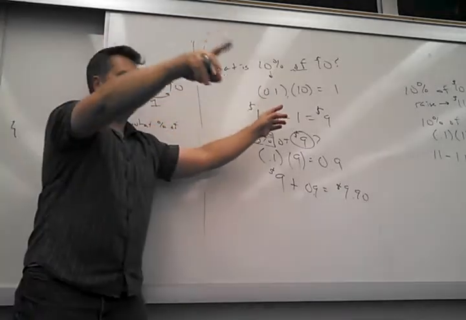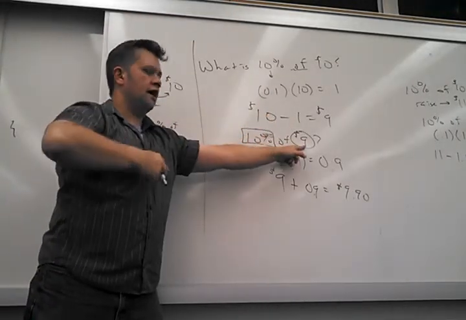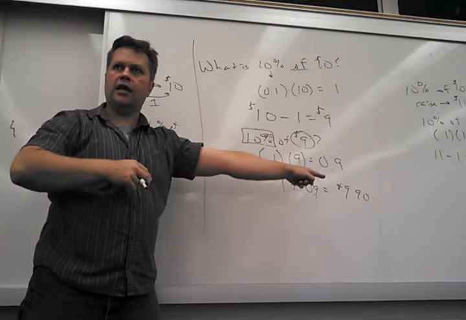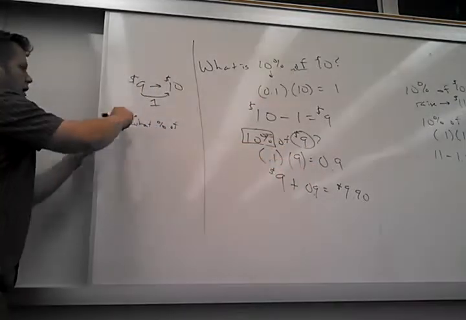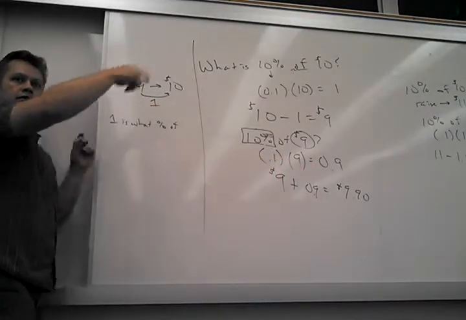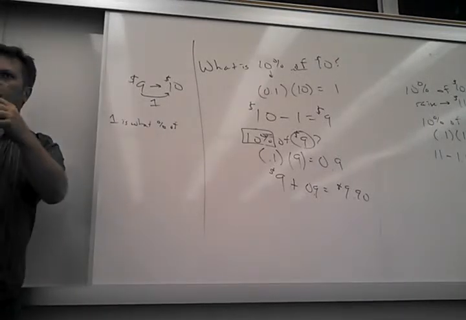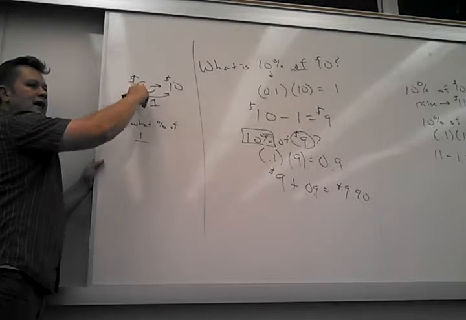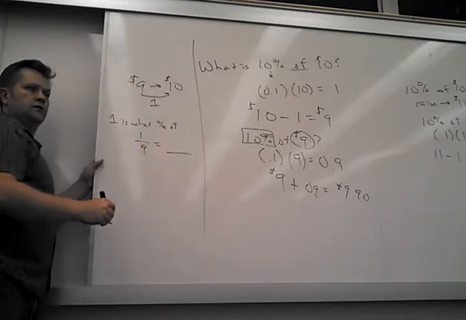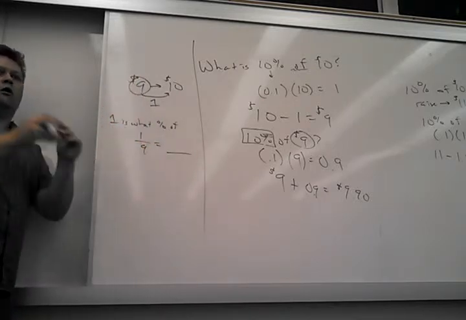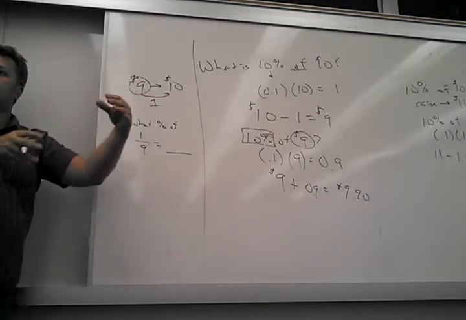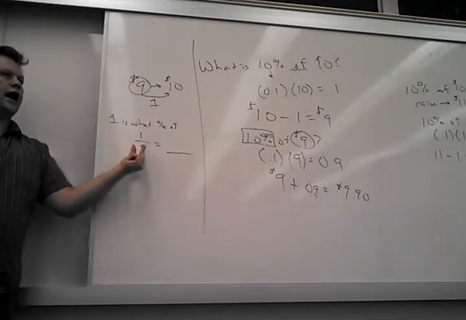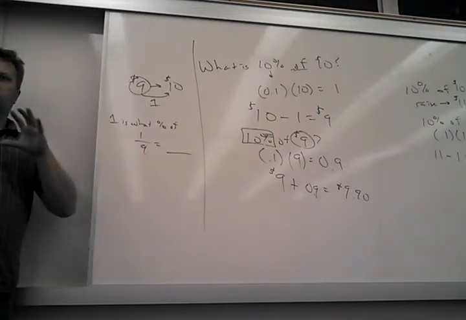The question really is, what percent of 9 would get me to 10, right? So 1 is how much I need to add on top in money. Well, what is it in percentage? 1 out of 9 is what percent? Because it's all based on 9. What percent of 9 would get me up to $10? So $1 out of $9. What percentage is that?